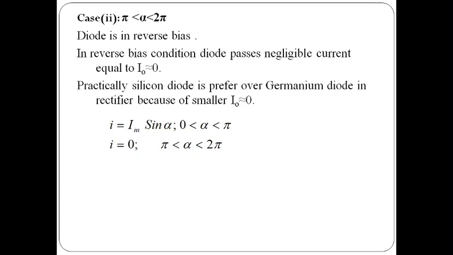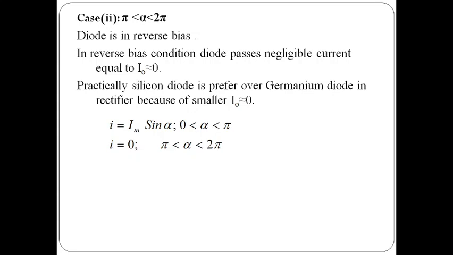We already know the reverse saturation current is very high in germanium compared to silicon, so we always prefer silicon diodes over germanium diodes because the reverse saturation current in silicon is small. So we can say the current equals 0.